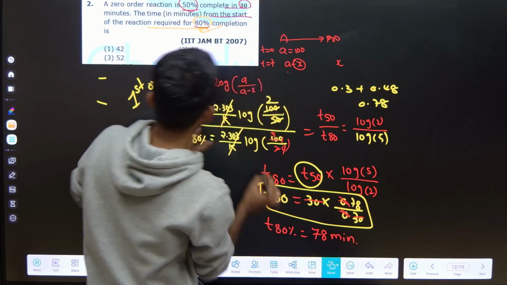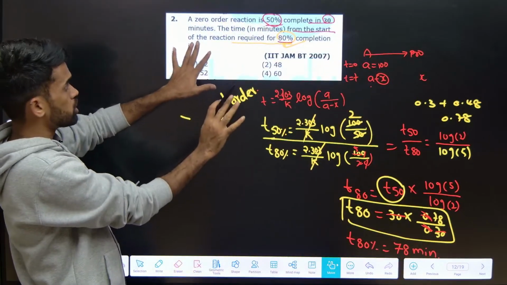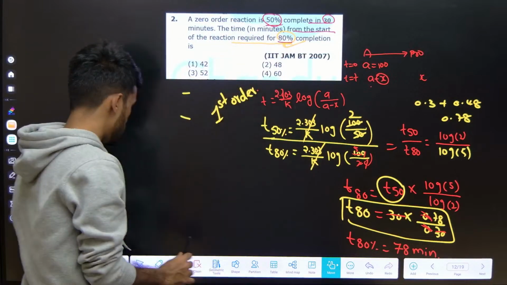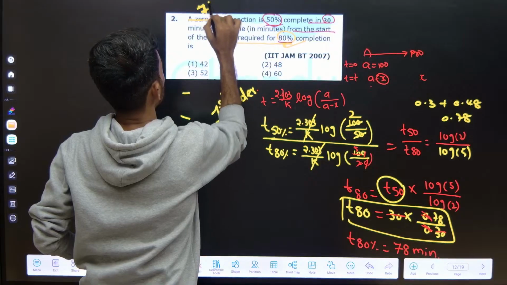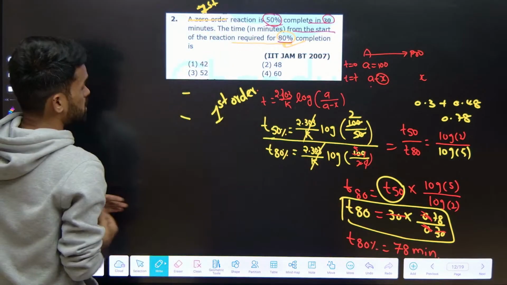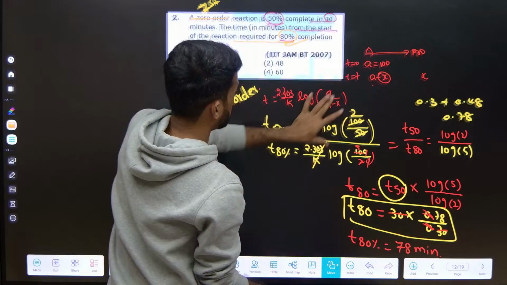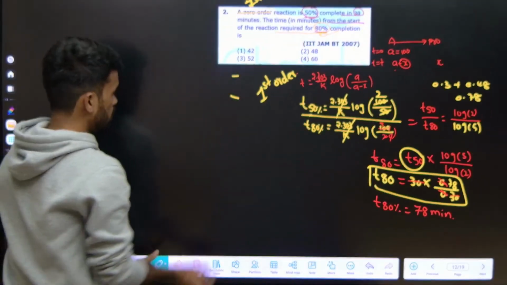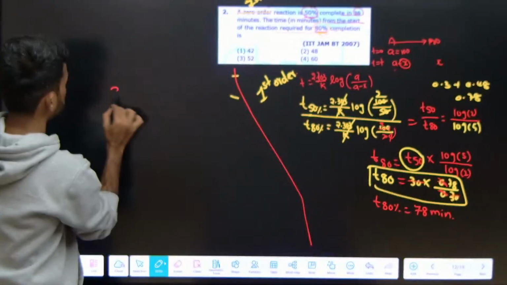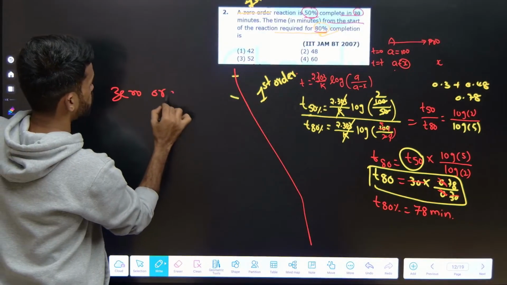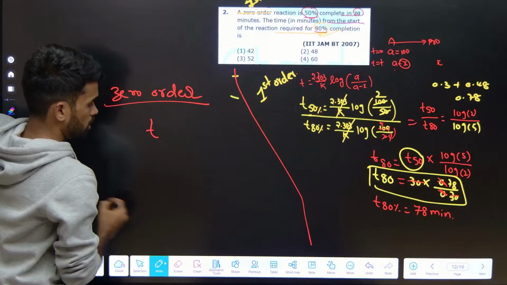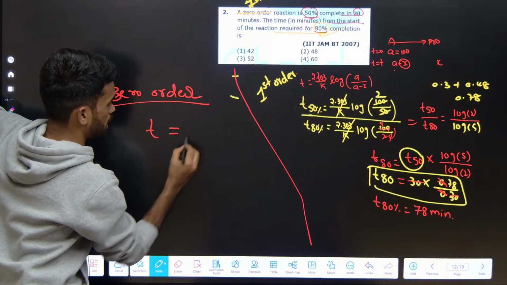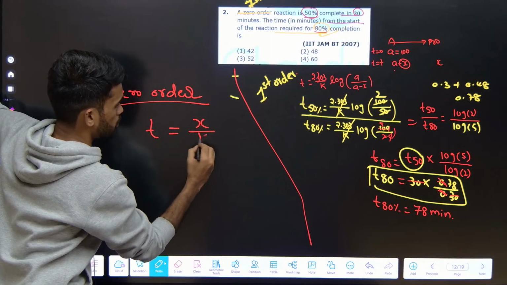See, same question, if they ask for first order, 78 will be the answer. If it is zero order, it is very simple, I will tell you here itself. For zero order, the time required will be taken as X by K naught.